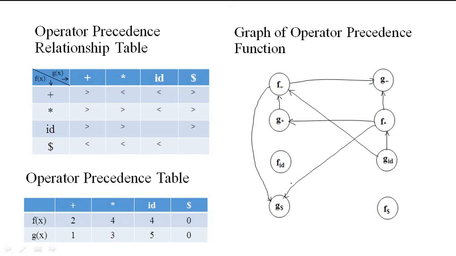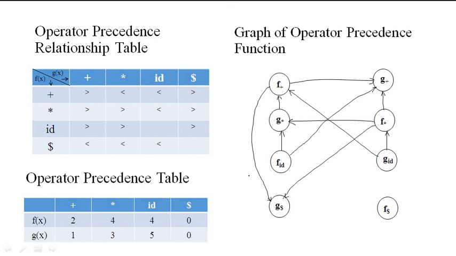F ID to G plus. G plus is a higher precedence. F ID to G star. F ID to G ID, no relation.